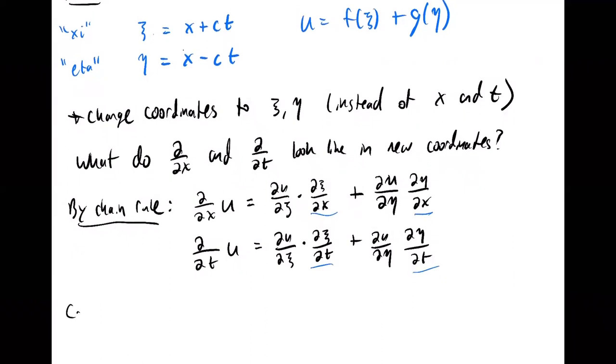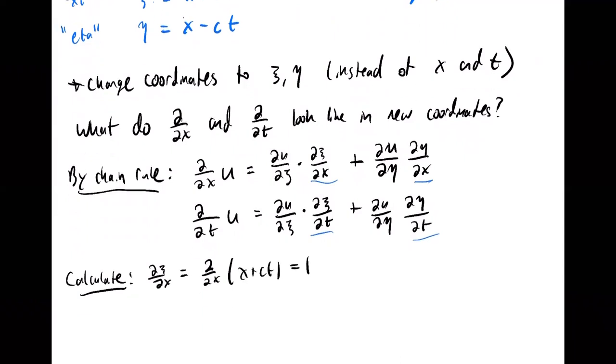Right, and so we can calculate. Well, I know xi is equal to x plus c times t. So the derivative of xi with respect to x is equal to the derivative with respect to x of x plus ct. So that's just 1. Now the derivative of eta with respect to x is equal to the derivative with respect to x of, now eta is x minus ct, and so that's also equal to 1.